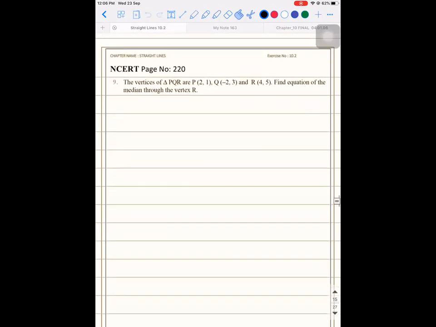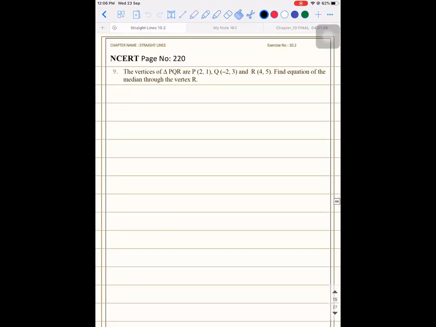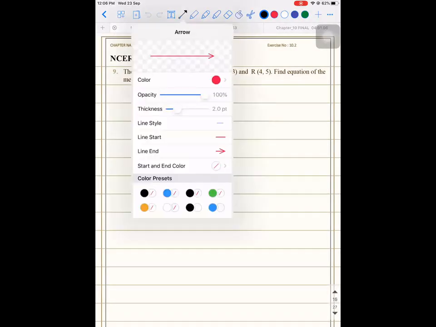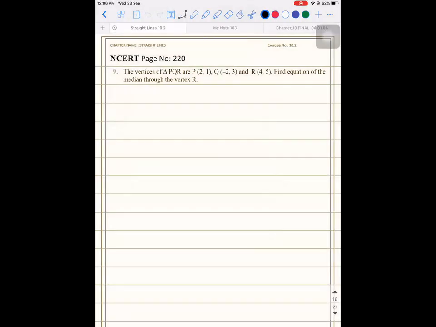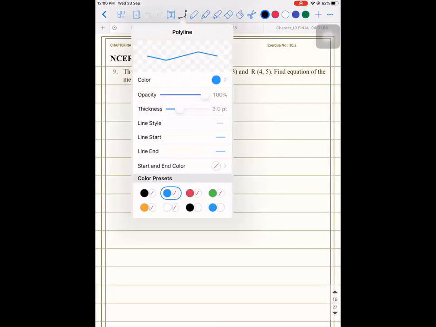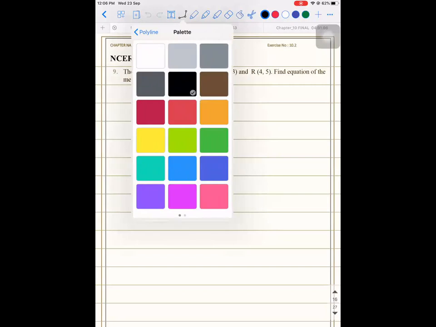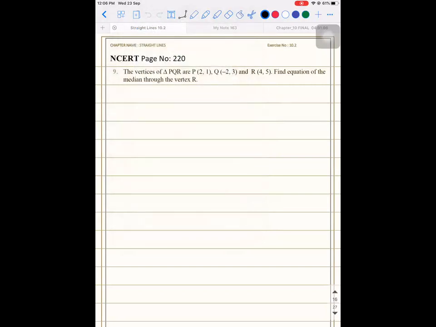Moving on to the next problem. The vertices of the triangle PQR are given as 2 comma 1, minus 2 comma 3 and 4 comma 5.